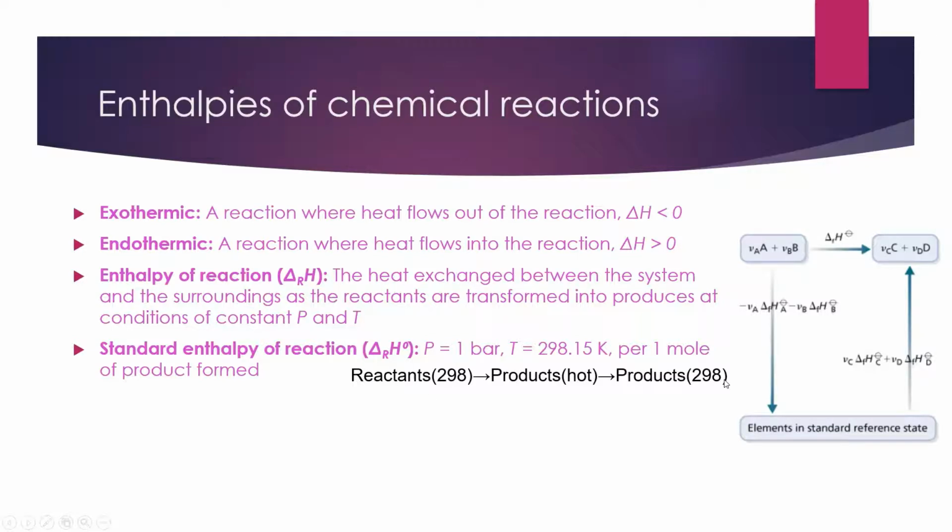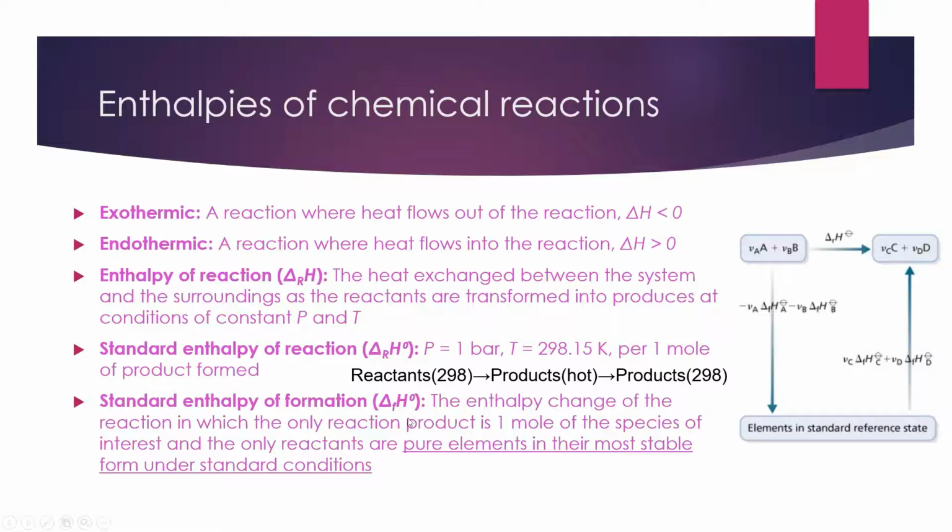Now, we're going to go into a very specific kind of enthalpy next, and we'll go to the slides to investigate this. This is a standard enthalpy of formation. So the symbol we use is the same as for a reaction, but we put an F here in place of the R to denote that we are talking about a very specific type of reaction, a formation reaction.